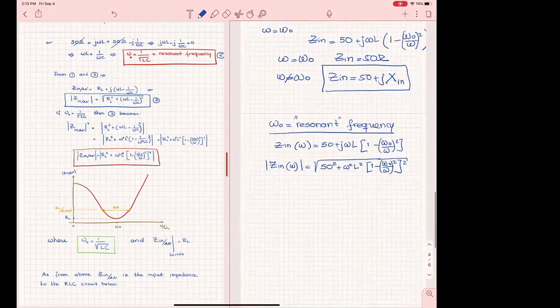All right, and in fact, you see that it's the same thing that I've shown to the left.